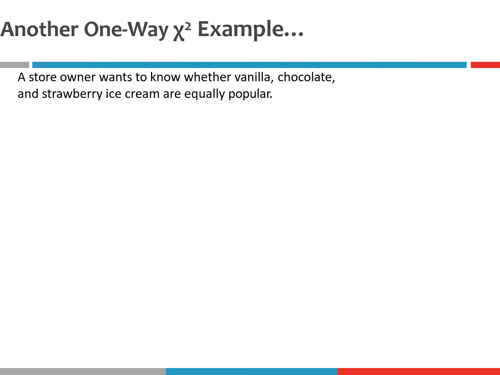Okay, so let's go through one more example of how to do a one-way chi-square test. So let's suppose you are a store owner and you own an ice cream shop, and you are curious whether strawberry, chocolate, and vanilla are equally popular, or if one flavor is more popular than the other.